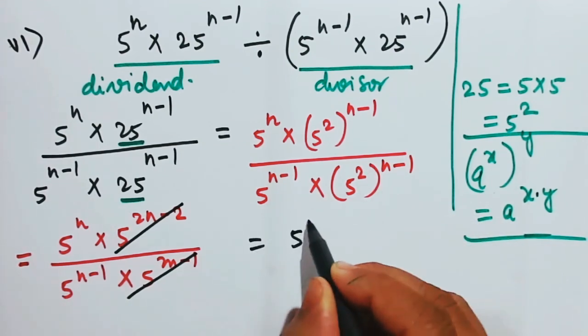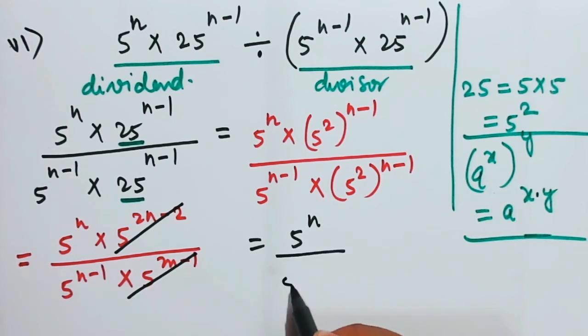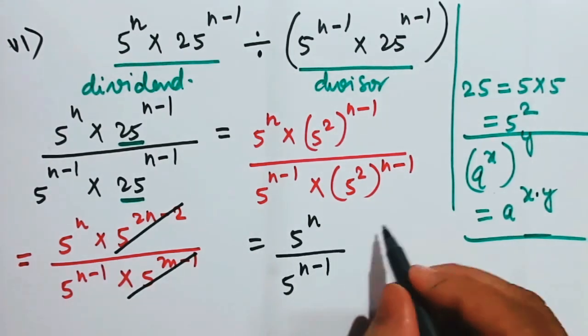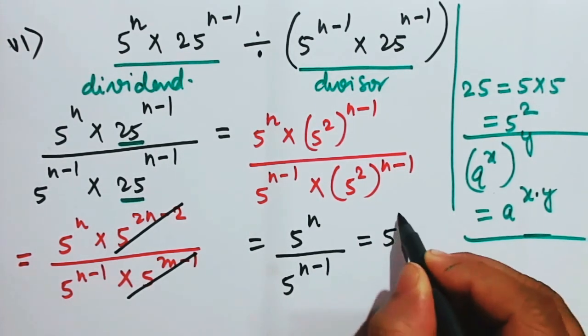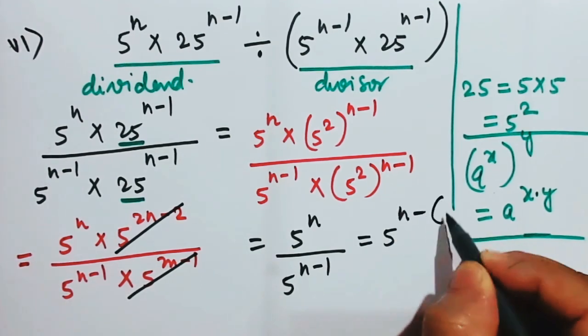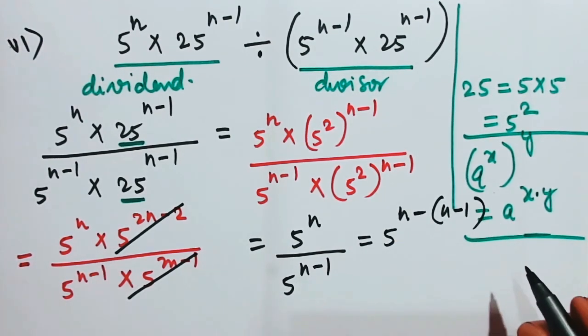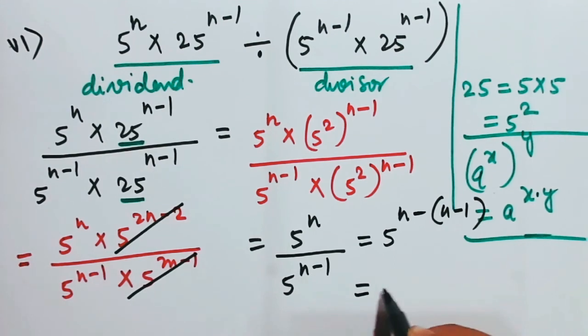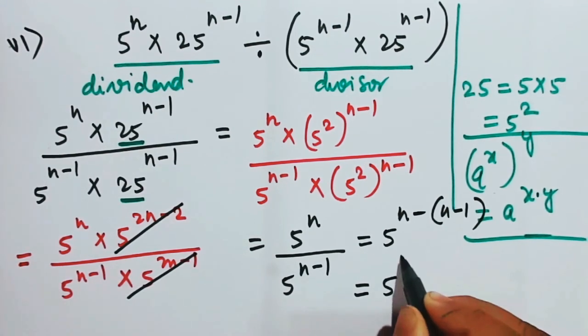This means we'll get 5 to the power n, 5 to the power n minus 1 is equal to 5 to the power n minus n minus 1, which will give you 5 to the power n.